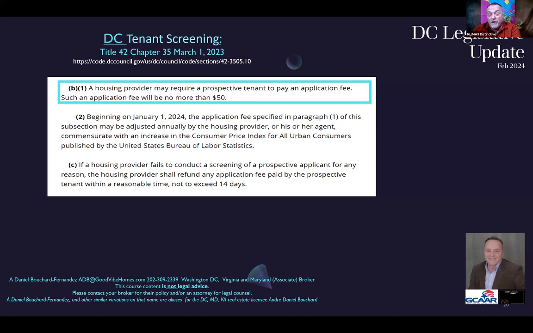And as a matter of company policy, we should not even be using the credit score in our presentations or our discussions with our landlords, because it really should focus on the content.